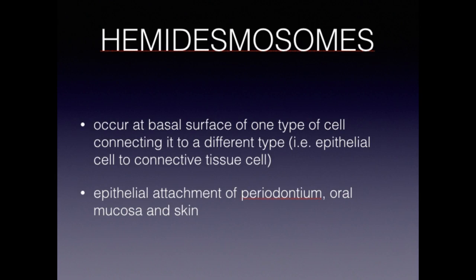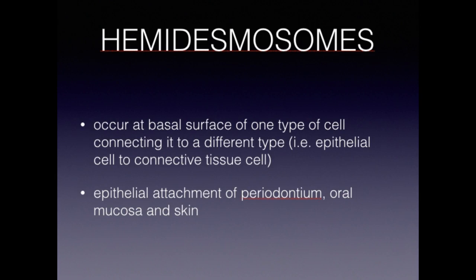When we have two different cell types connecting to each other, for example, an epithelial cell connecting to a connective tissue, we only have half of one of those spot welds. And this would be found on the basal surface, the bottom surface of one cell, which would be the epithelial cell.